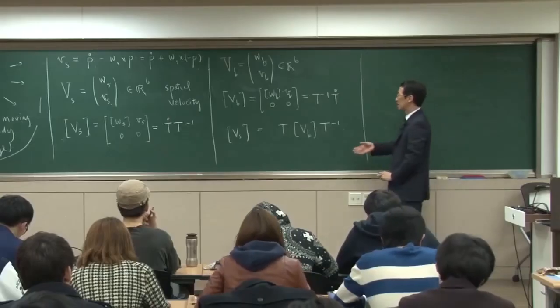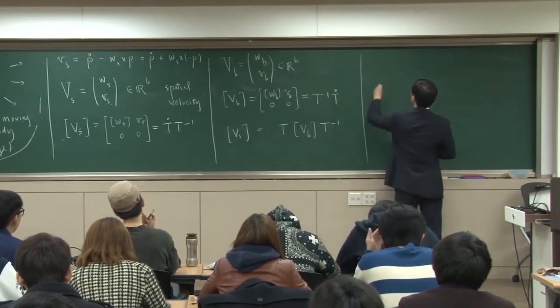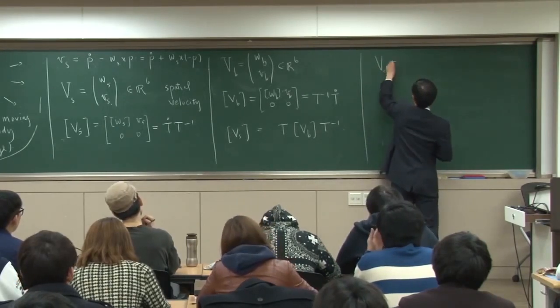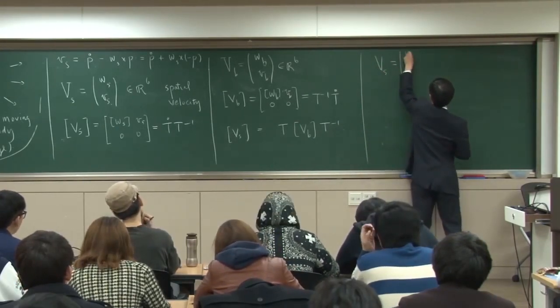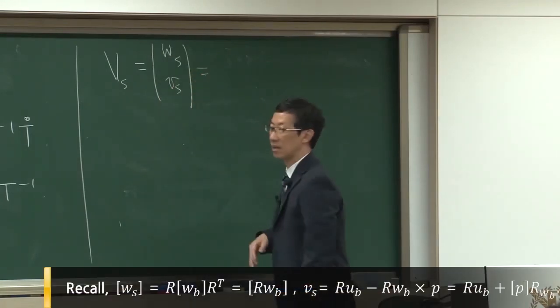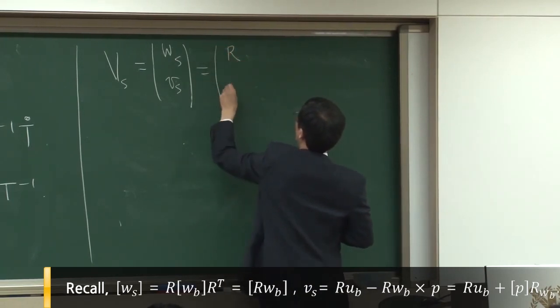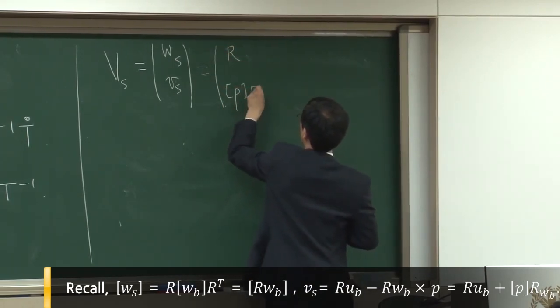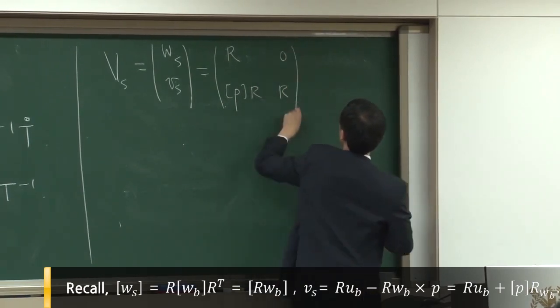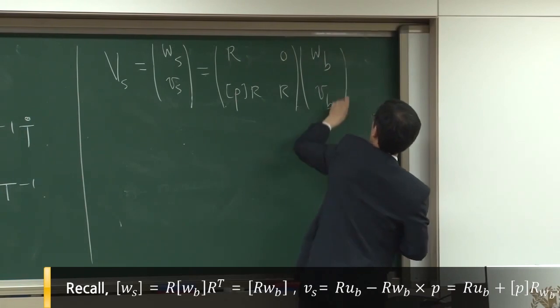If you want to write this in vector form, V sub s, which is omega s and v sub s, is in fact going to be equal to the matrix R, 0, PR, R times omega b, v sub b.